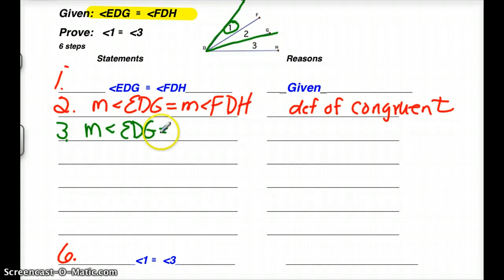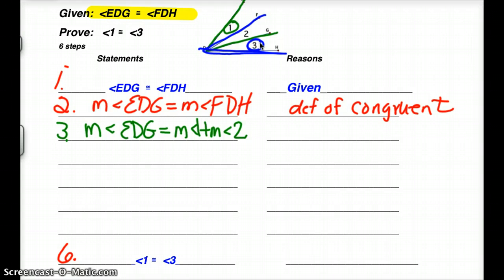So EDG equals the measure of angle 1 plus the measure of angle 2. I also need to use FDH. When I look at my picture, FDH has 2 and 3, so I'm going to be able to introduce 3 using FDH.